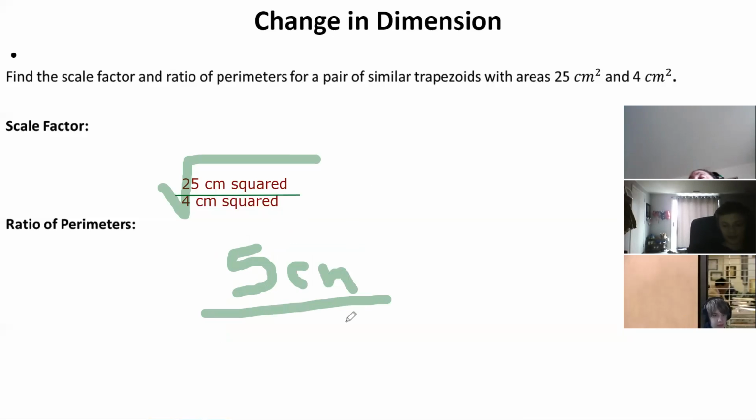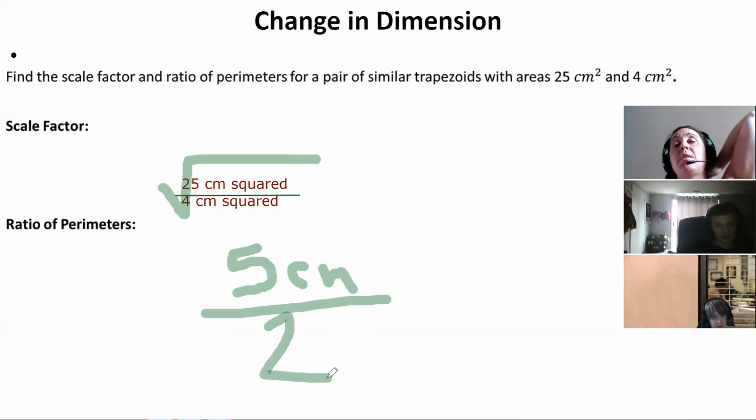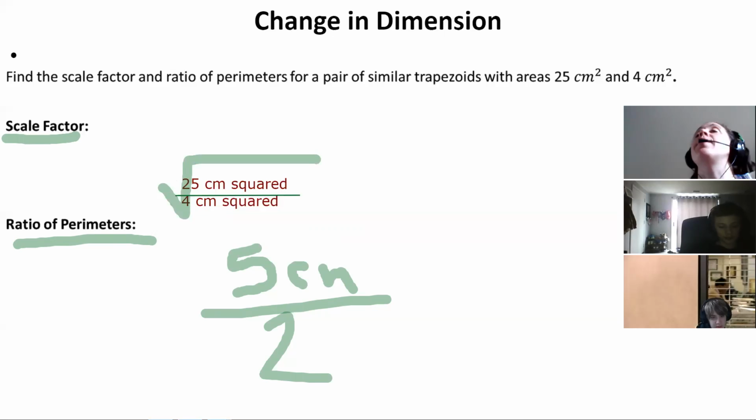And then what was squared to give you 4? 2. Yeah. So then this 5 over 2 is your scale factor and your ratio of perimeters. So all you have to do is square root the ratio that they gave us, and then that'll get you back to before you squared.